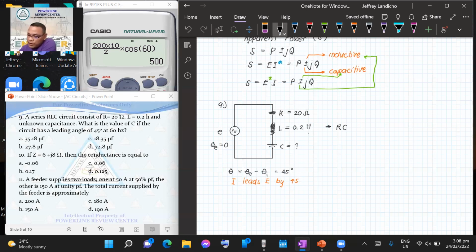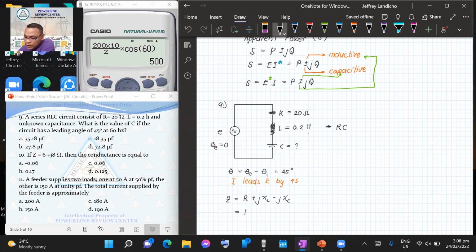When we take the total impedance, that is the resistance plus the inductive reactance, then the negative capacitive reactance.